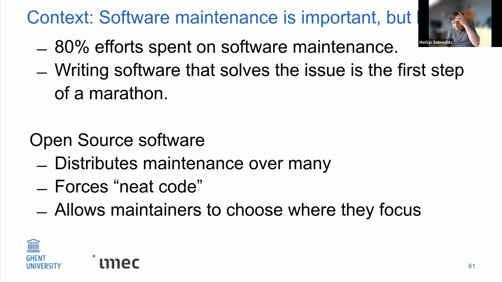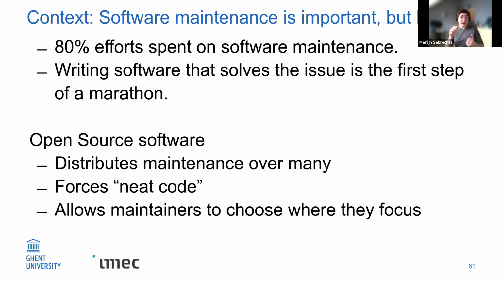Another piece of context for why open source software is eating the world is that software maintenance is incredibly important, but also incredibly difficult. 80% of software development efforts are spent on maintaining software that already exists instead of writing software that solves the issue in the first place.